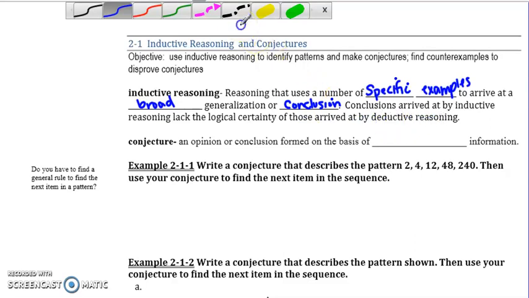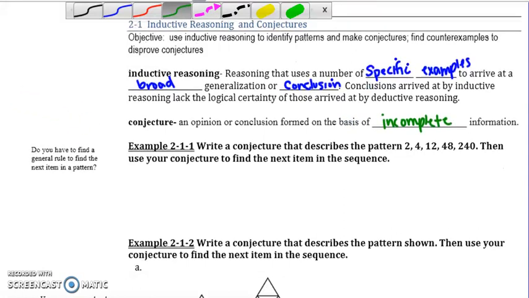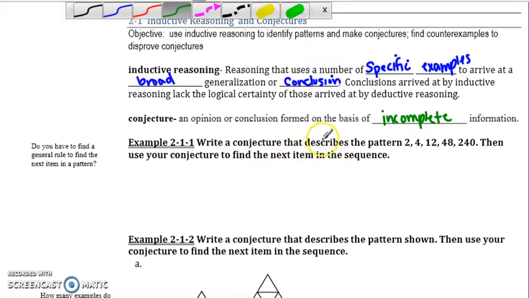So with deductive, we have a little more proof than inductive. So a conjecture is an opinion or conclusion formed on the basis of incomplete information.